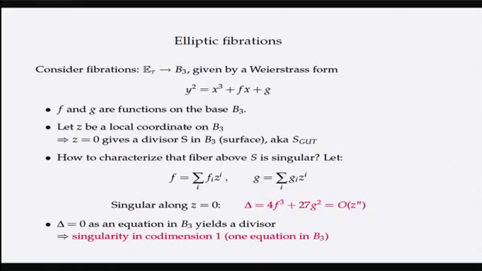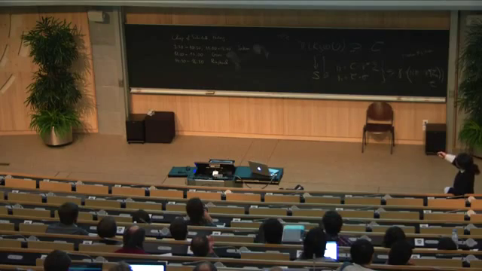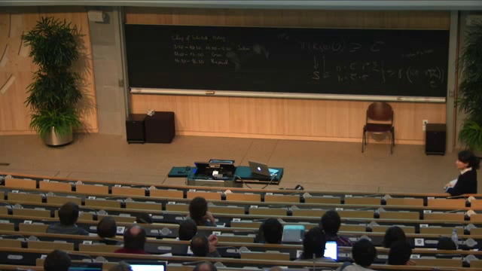So they're now actual sections of bundles over this base manifold B. So if we pick some local coordinate z in the base, can I engineer a specific type of singularity there? In fact, how do I detect that there's a singularity?